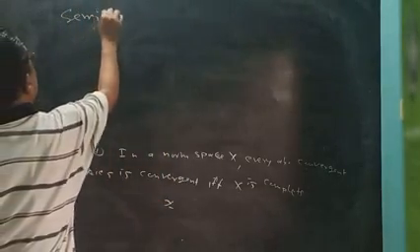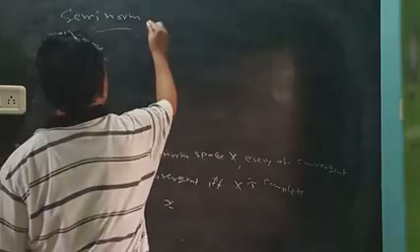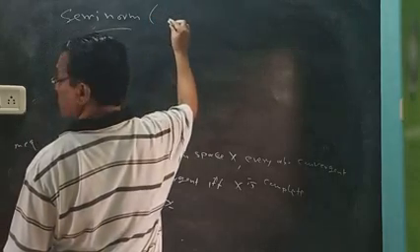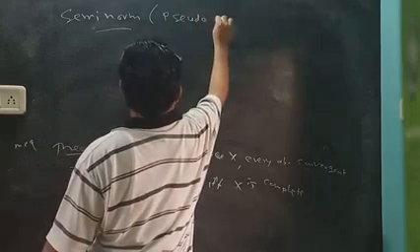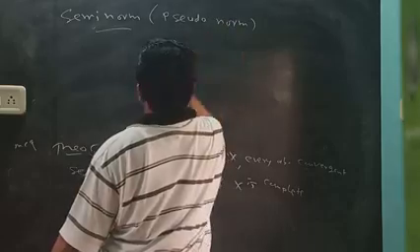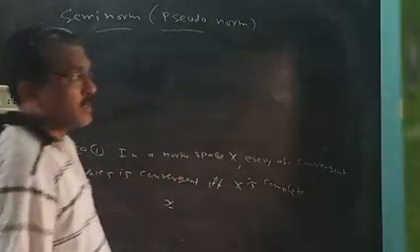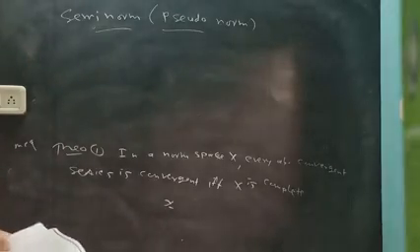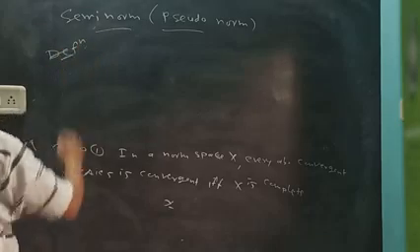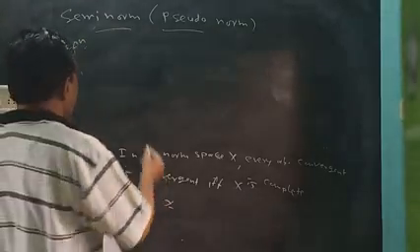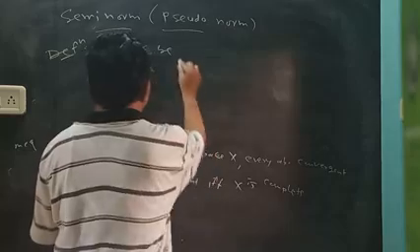Semi-norm. We have a normed linear space. Semi-norm, or it is called pseudo norm, P-S-E-U-D-O. You know pseudo metric space from BSc level. Just one condition differs. Let X be a linear space.